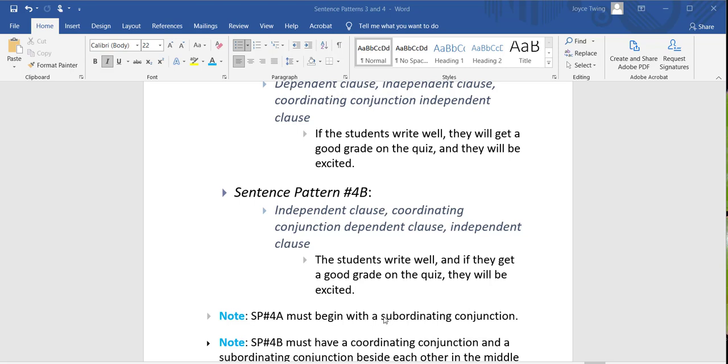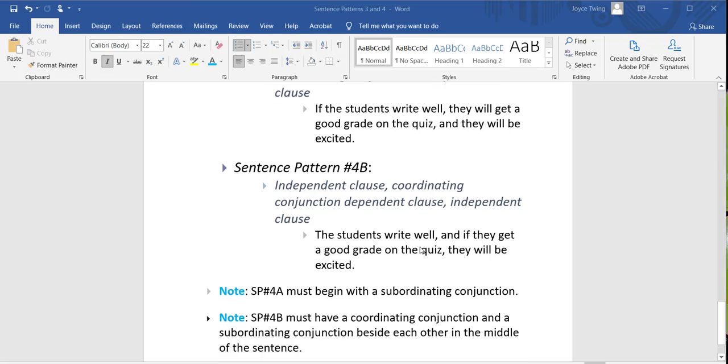So this one starts with a dependent clause. Sentence pattern 4A has to start with a subordinating conjunction. Want that list of conjunctions and others like it. This one has to have a coordinating conjunction and a subordinating conjunction right beside each other, a FANBOYS conjunction and a subordinating conjunction right beside each other in the middle of a sentence.